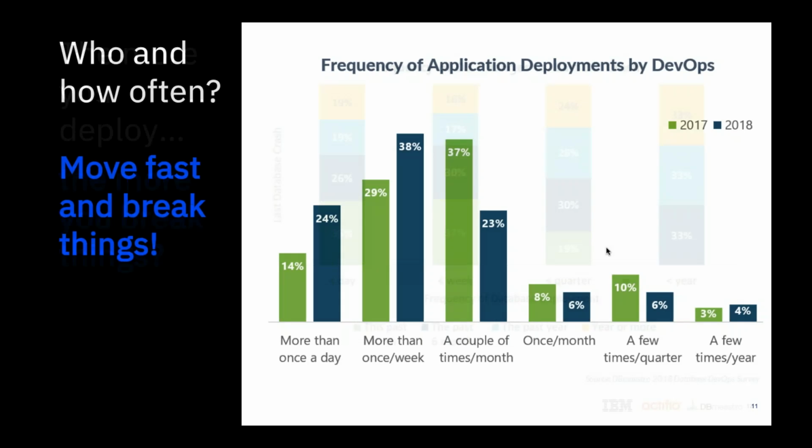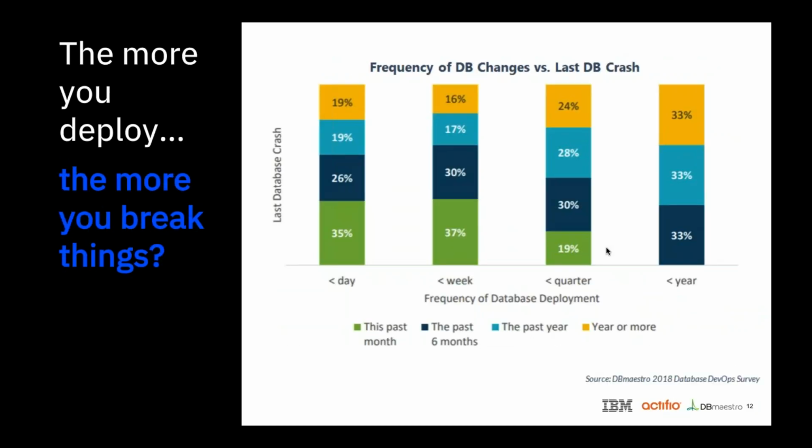But if you look at another aspect of the survey that we were running earlier this year, it wouldn't be a surprise to find out that the faster you run, the more issues you have.